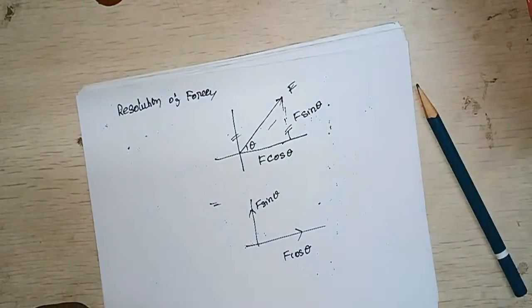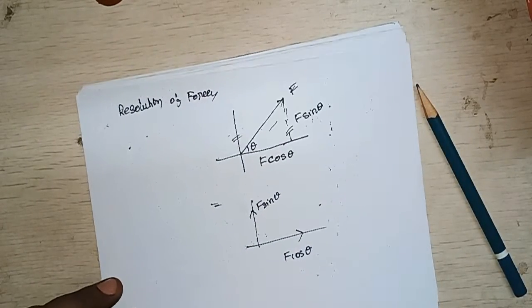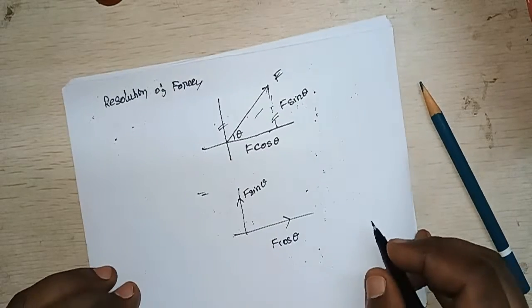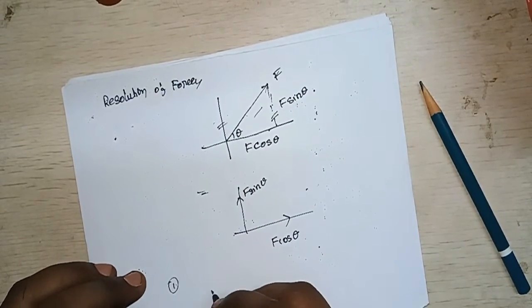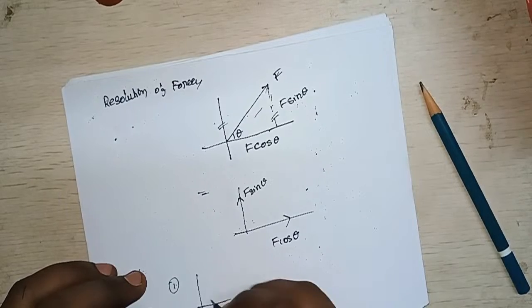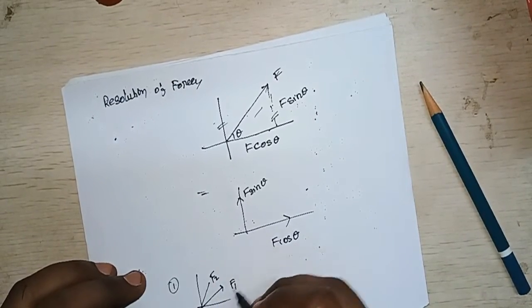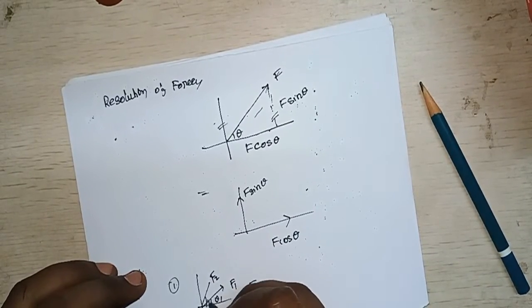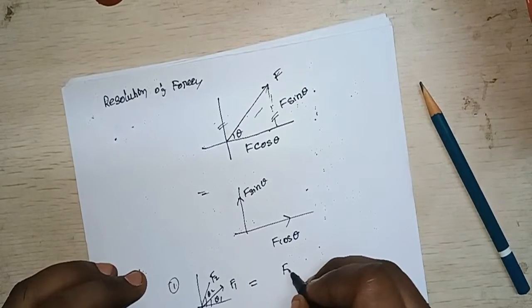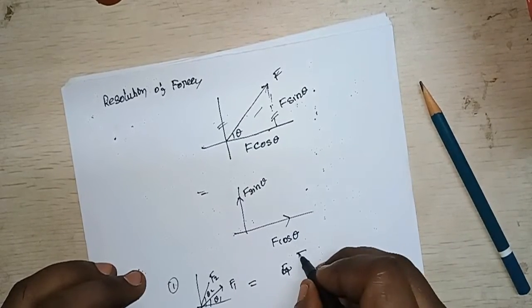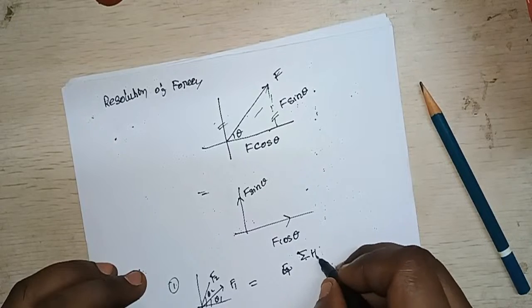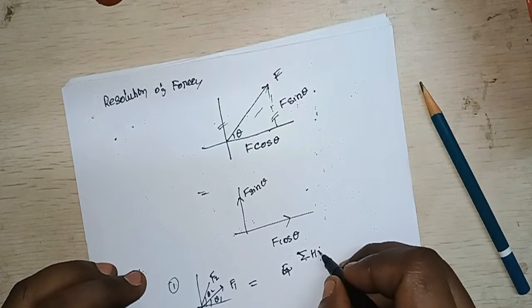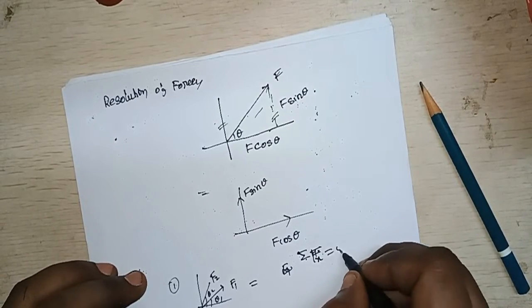If we have multiple forces like F1 and F2 like this, where this is theta 1 and this is theta 2, what you can do is that the sum of the horizontal forces, sum of F of x, is equal to 0.